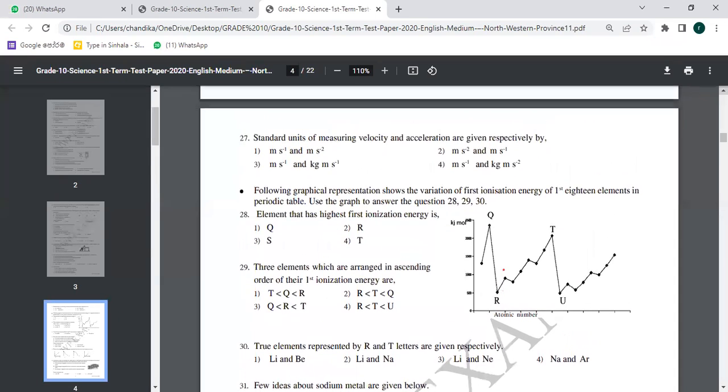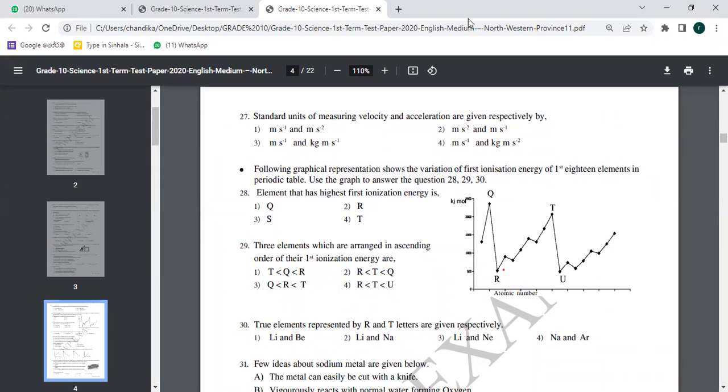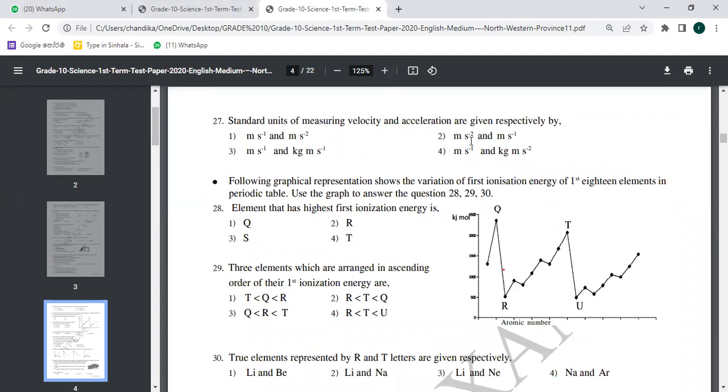Question number 27. The standard units of measuring velocity and acceleration are given respectively by, what is the answer?